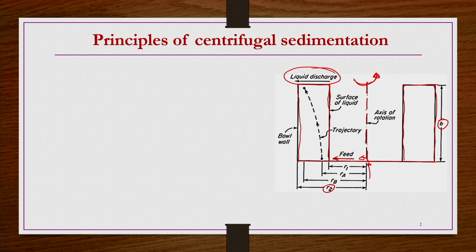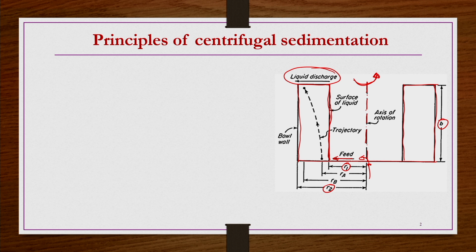The liquid surface is of radius R1. When we centrifuge at very high speeds, the liquid surface will form an almost concentric cylindrical surface, which we have already seen in the previous lecture. So, that liquid surface is at R1 distance from the axis of rotation.